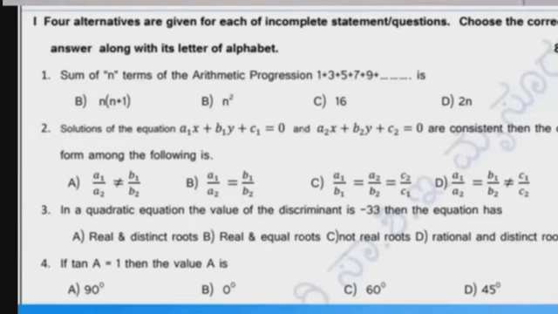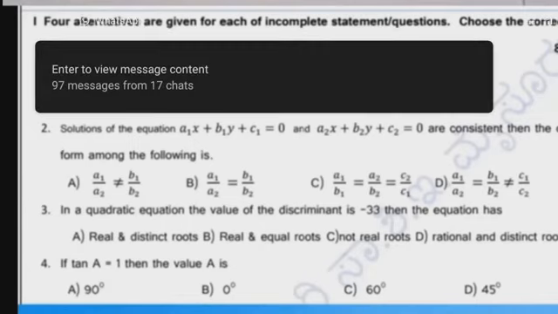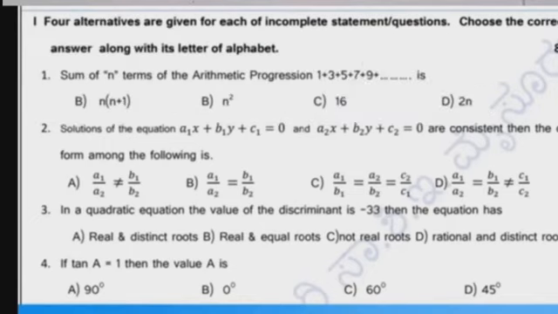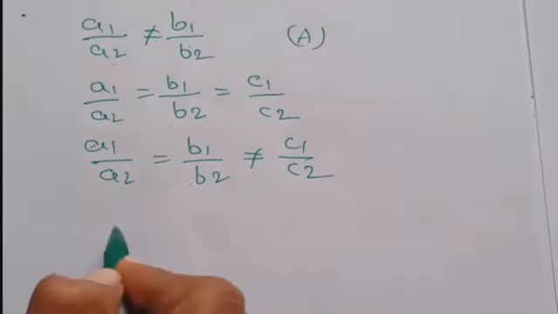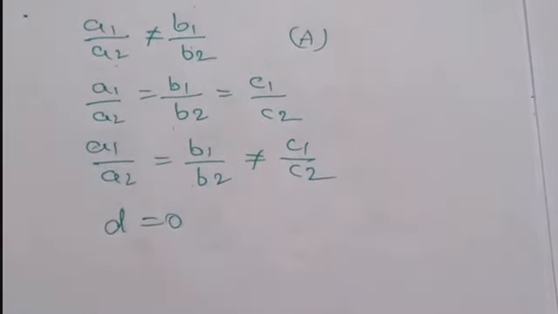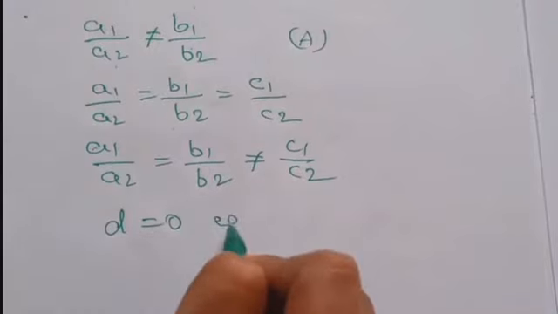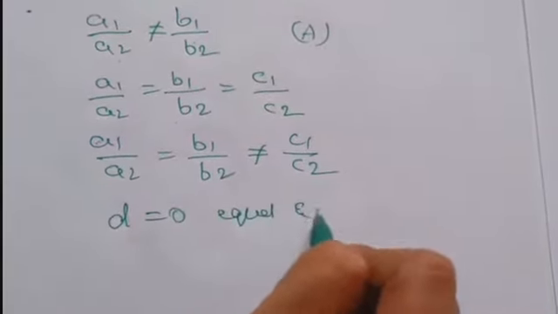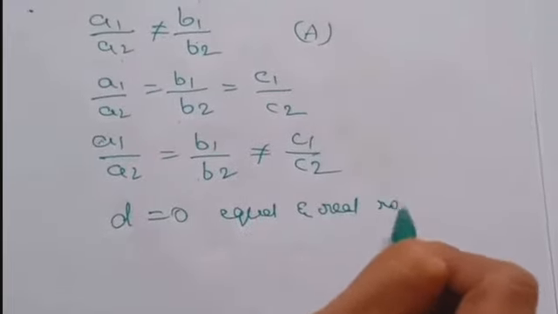In a quadratic equation, the value of the discriminant is minus 33, then the equation has, simple. In a quadratic equation, if the discriminant value D is equal to 0, then it has equal and real roots. I'll write that also: equal and real roots, correct?